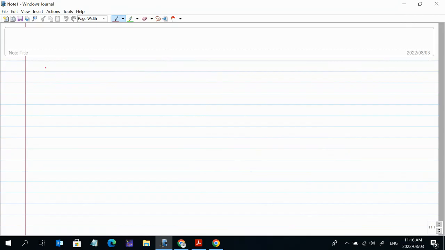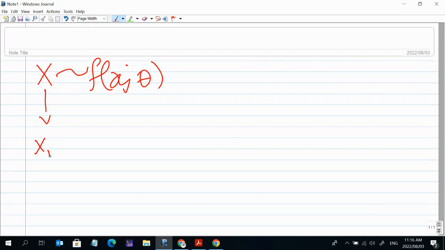What's happening is that we have a population X following this probability distribution function. We take a sample from the population of size n. Remember, the aim is to estimate theta.